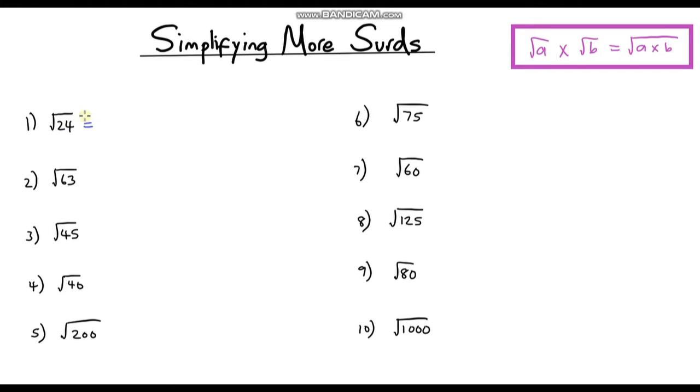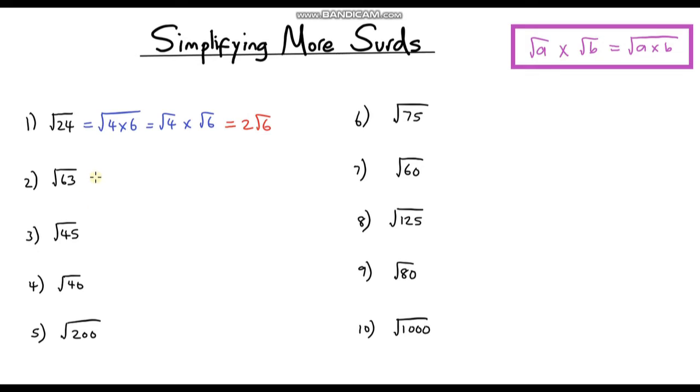So instead of writing 24, I can write that is the same as the square root of 4 times 6. And now we can break this down into the square root of 4 multiplied by the square root of 6. And now we can evaluate the square root of 4. Well, that's just 2. So this just becomes 2 times the square root of 6, or just 2 root 6.